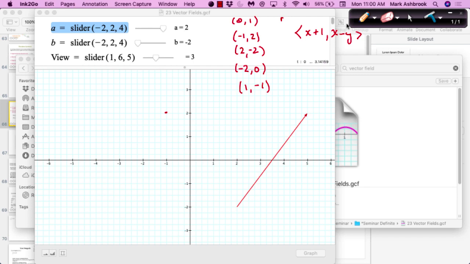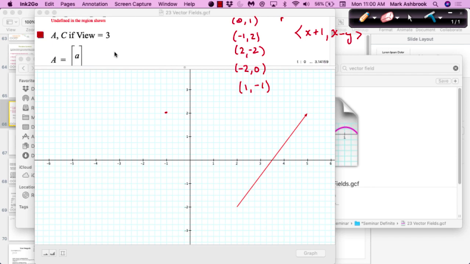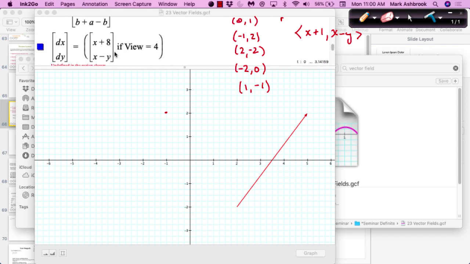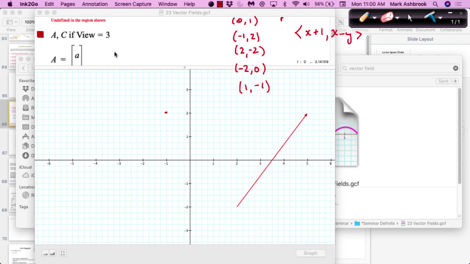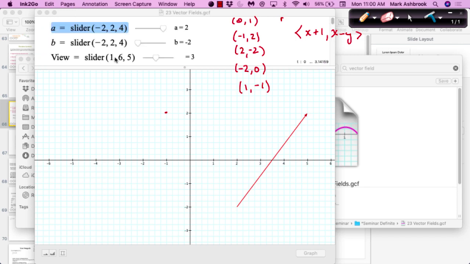Yep, x plus 1, x minus y are the functions that determine the components of your vectors, based on the coordinates of the point.